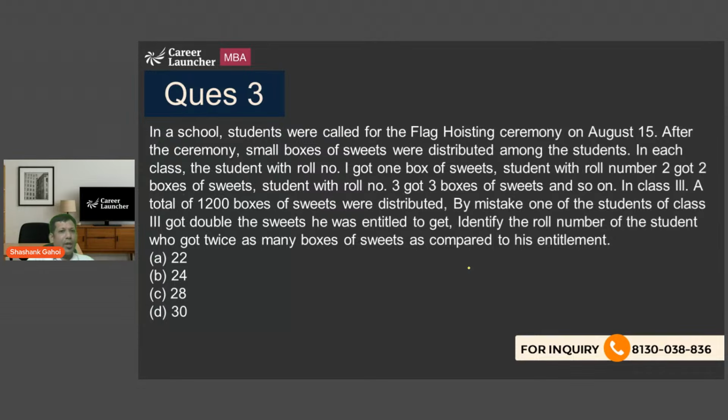What should be the approach for these kinds of questions? So what is the first thought process? What is the thought process we are going to have in this question?